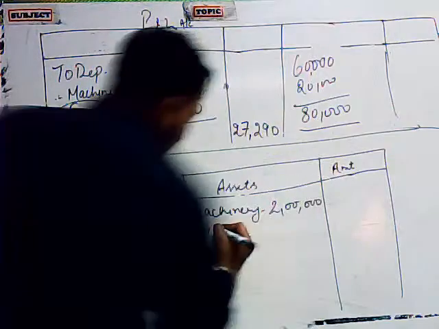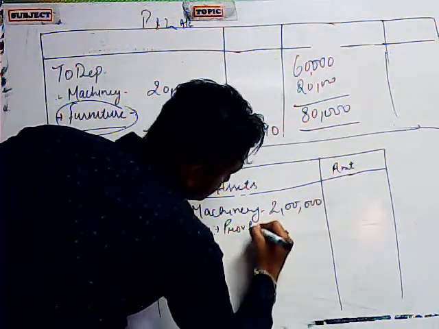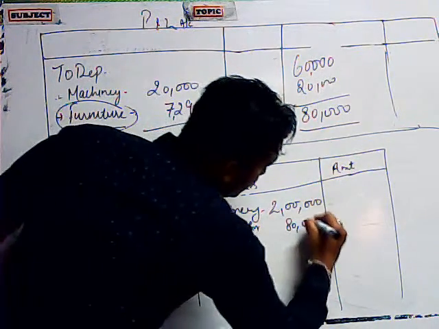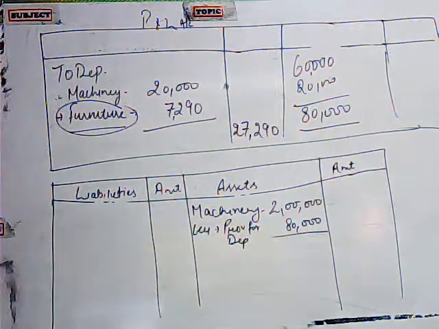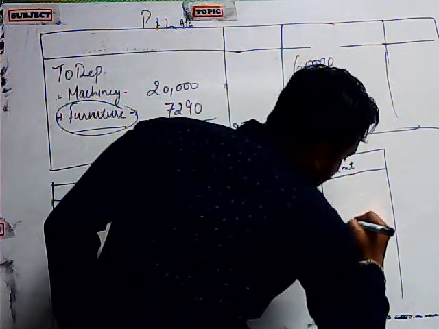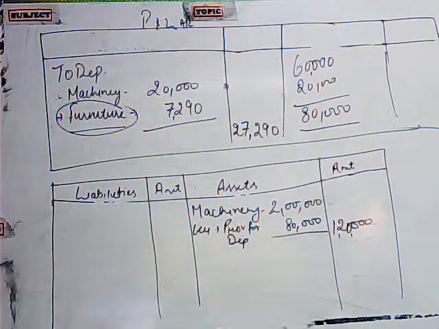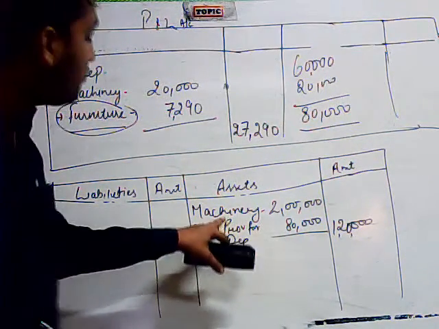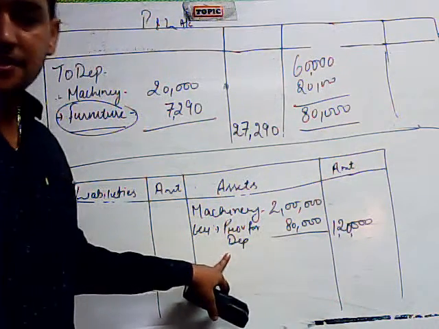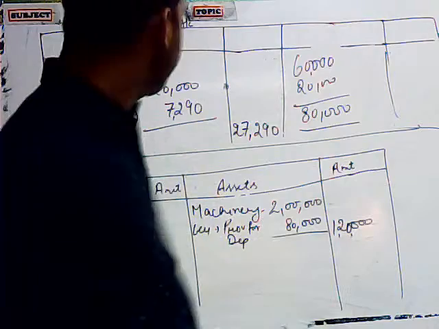So here you have to deduct provision for depreciation, that is rupees 80,000. And the remaining value is 1,20,000. Clear everyone? How we calculate the value of machinery, the provision for depreciation, and the remaining value 1,20,000.